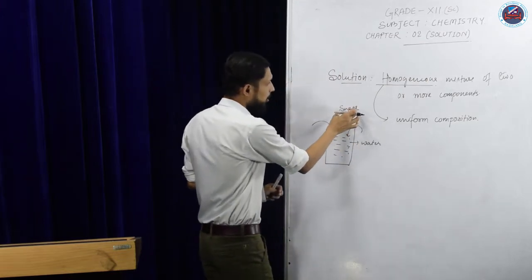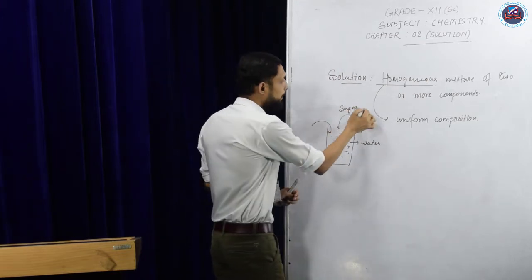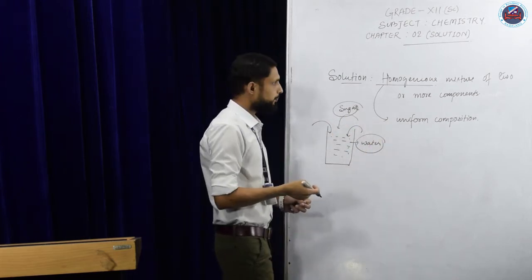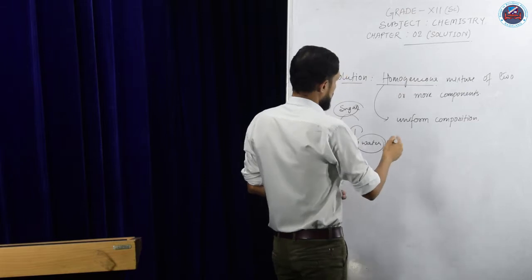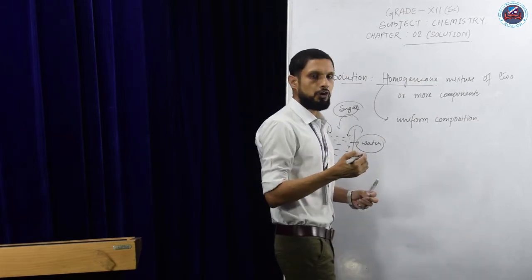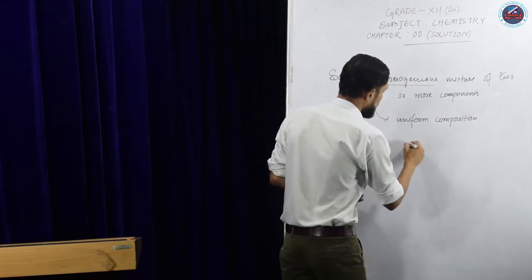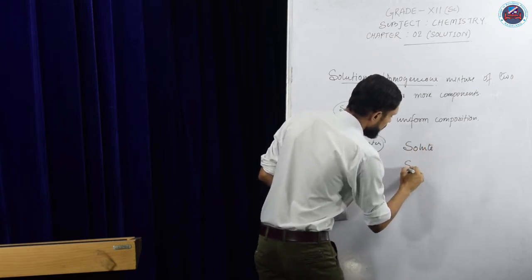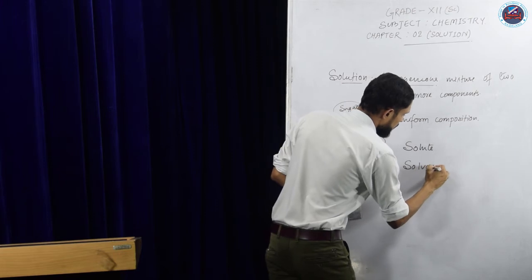Like you have taken your sugar and water. So we have two components here. We can have more than two components. Now, if we take two component system, the components are solute and solvent.